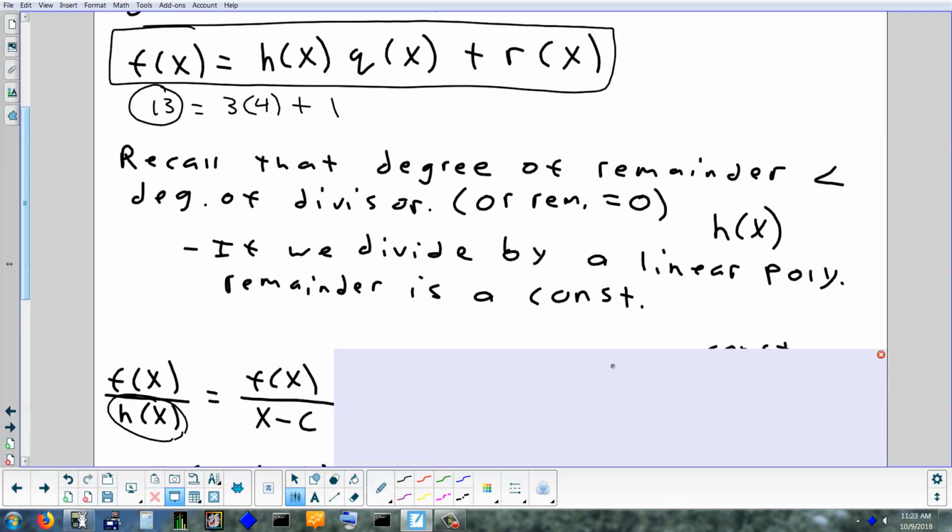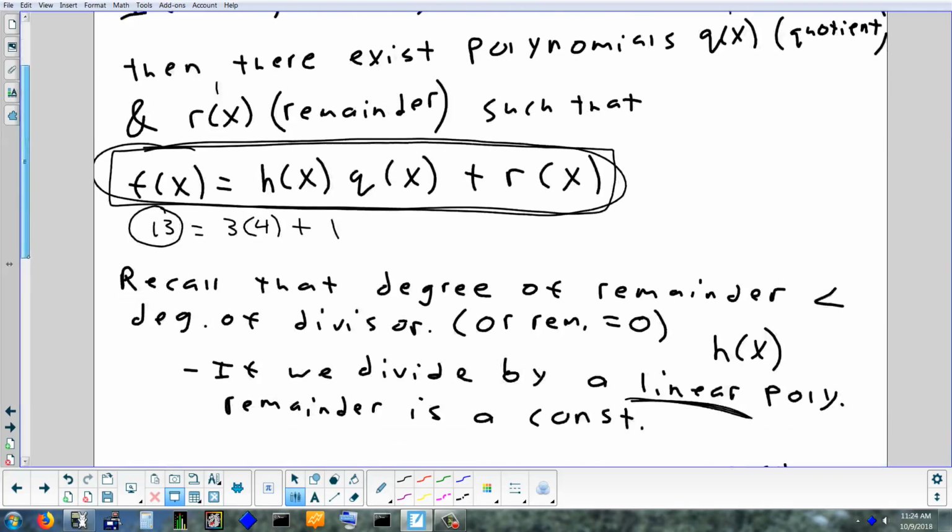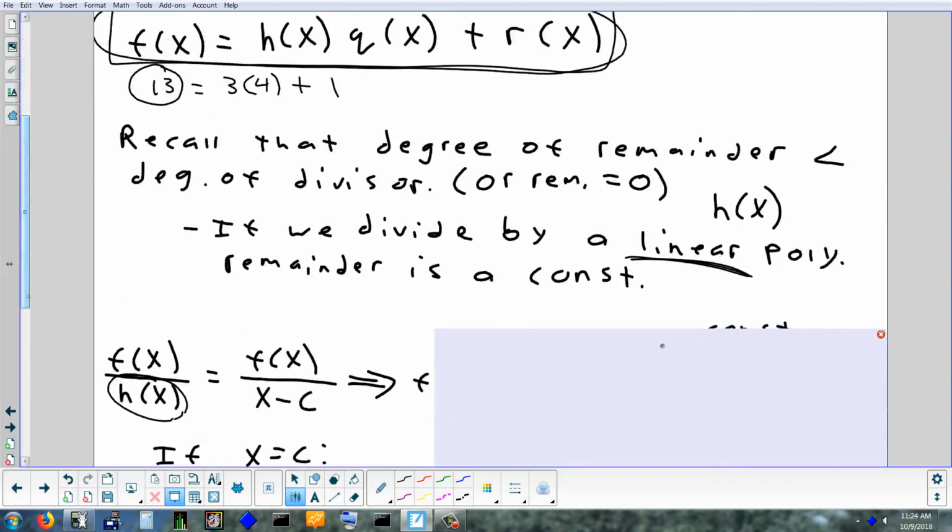Okay, what's f of x? I have no idea. Just some polynomial. h of x is something linear. So let's look at what that means. If we divide by something linear, and I'm going to apply this idea right here to it, the original numerator would equal the denominator, h of x, which I'm saying is x minus c.